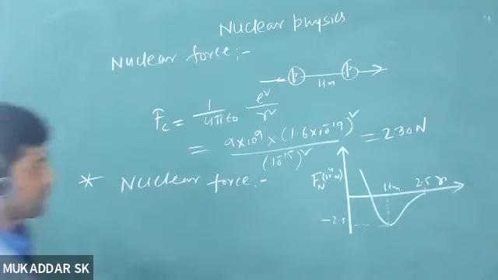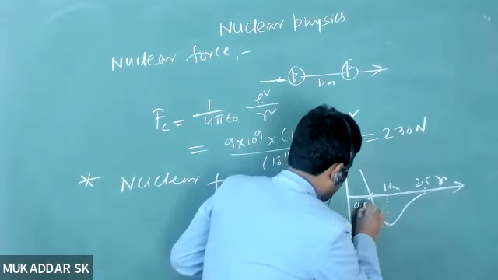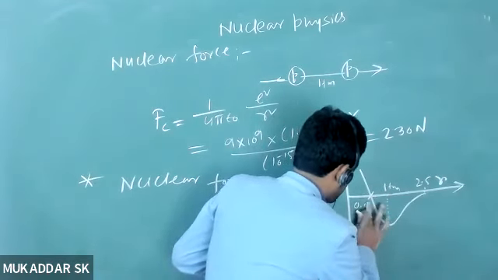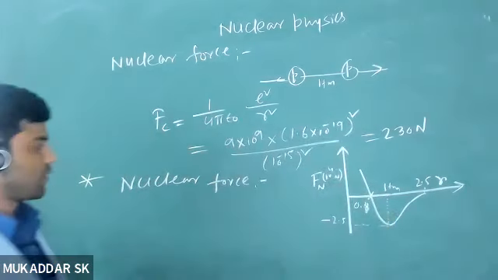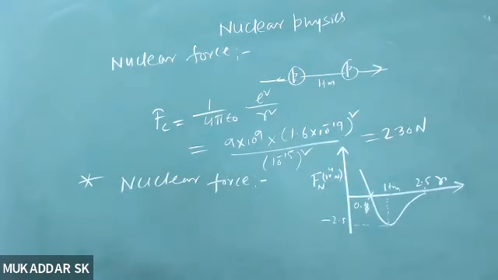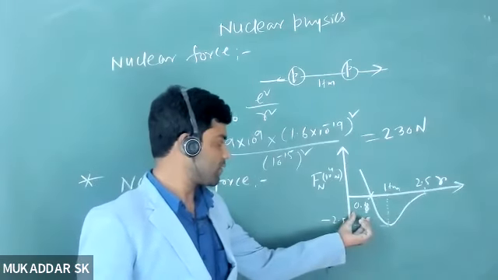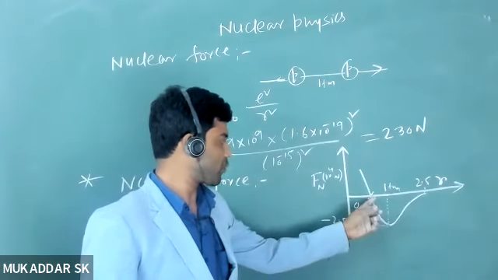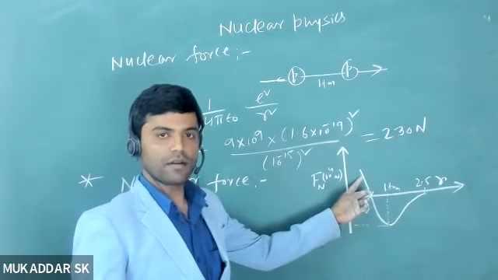But if you see below 0.8 femtometer, below this distance, what is that nuclear force? When the internucleon distance is below 0.8 femtometer, there's a positive nuclear force. Positive means what?